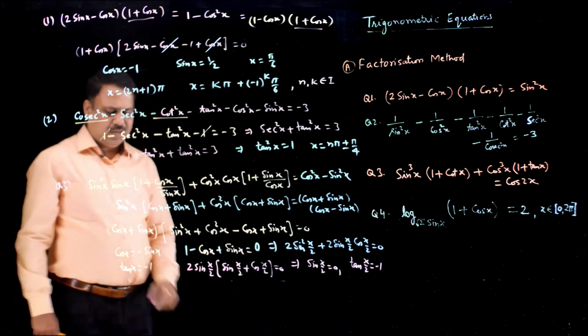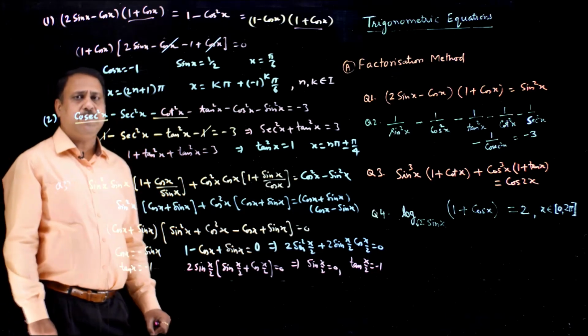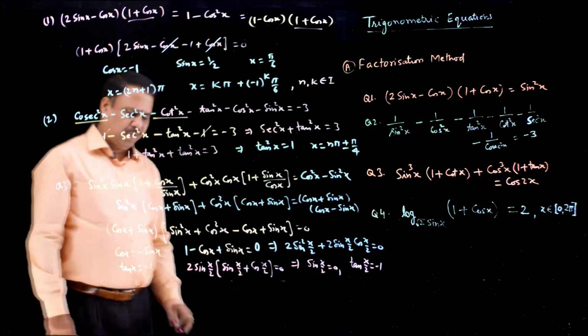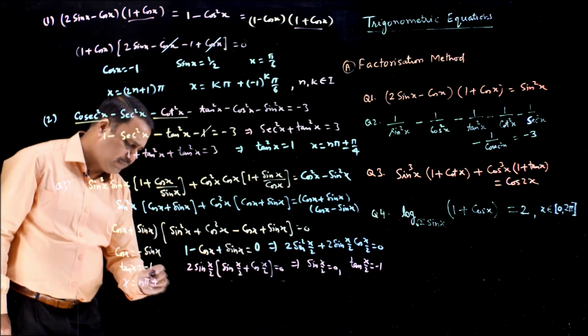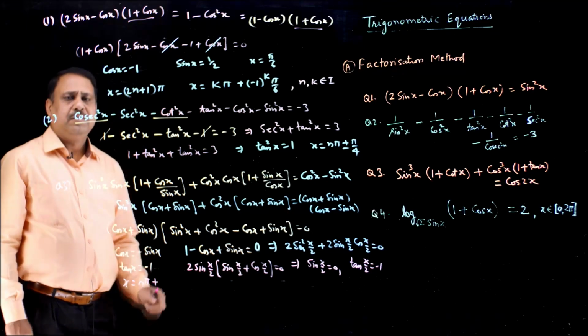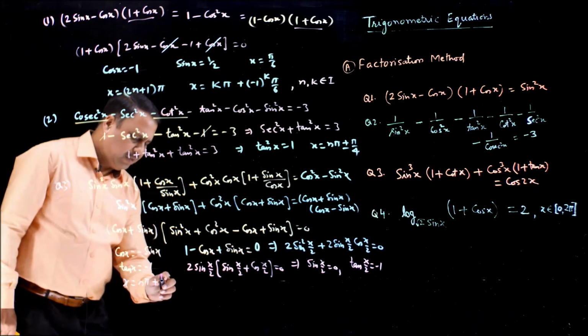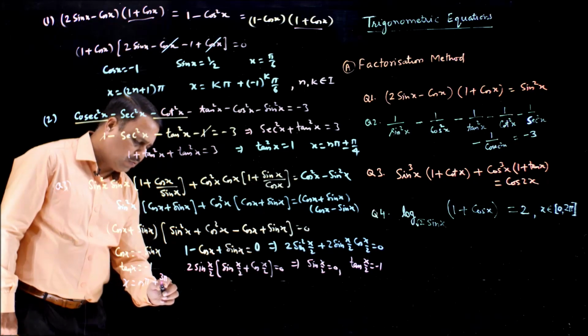When tan x is equal to minus 1, one solution is minus pi by 4 or 3 pi by 4. So x is equal to n pi plus, this is like a pi minus pi by 4, 3 pi by 4 if we want to write principal solution.